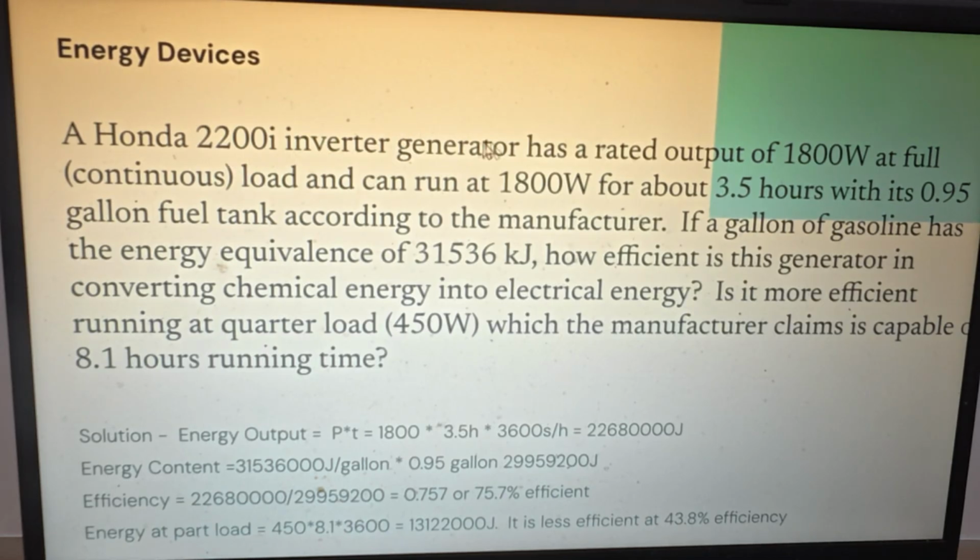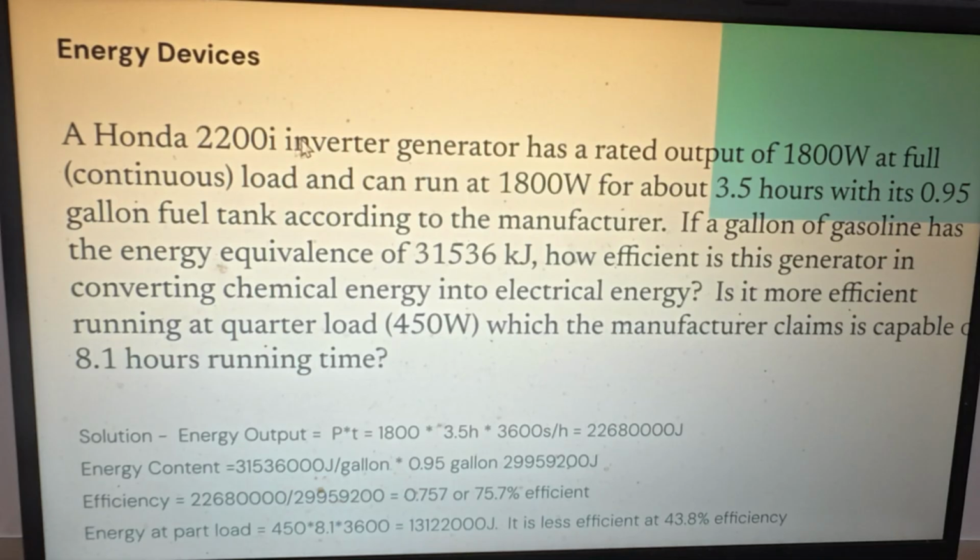But these inverter generators are different because they are inverters. They generate DC current, not AC current, and then they invert the DC into AC, and that's how you get AC output out of this inverter generator, because it's using an inverter instead of an AC generator.